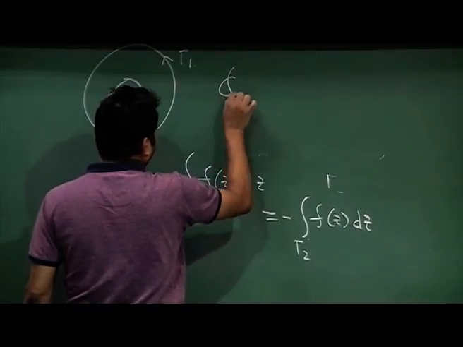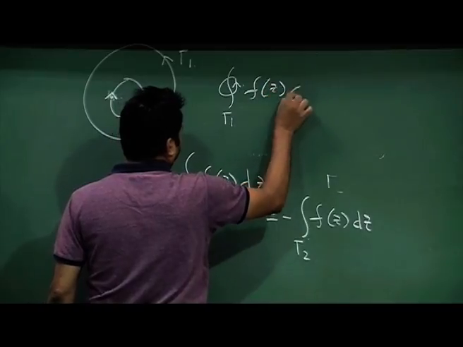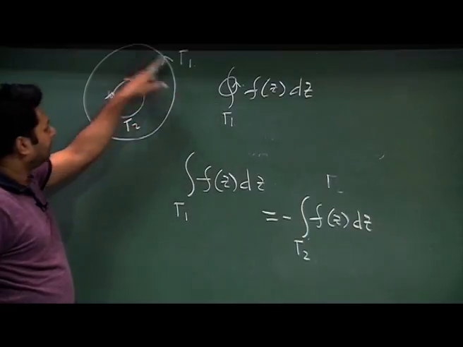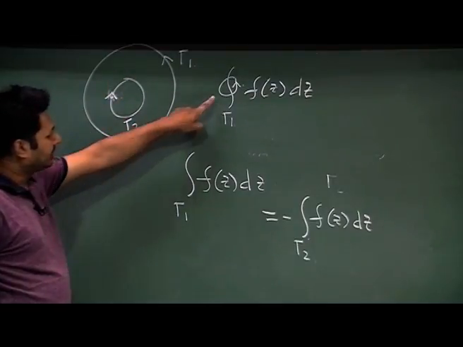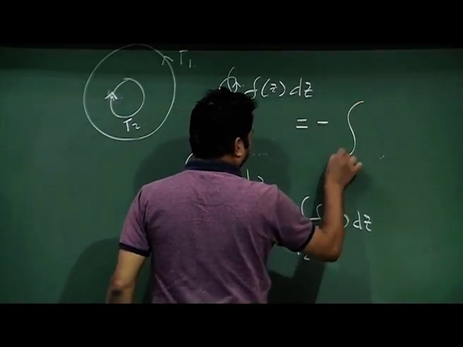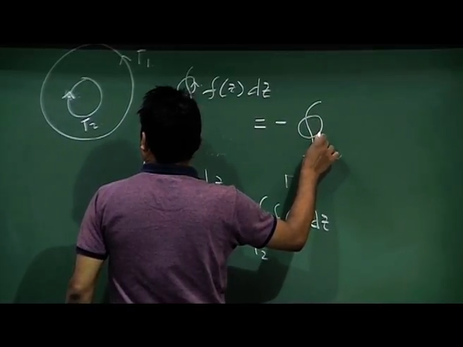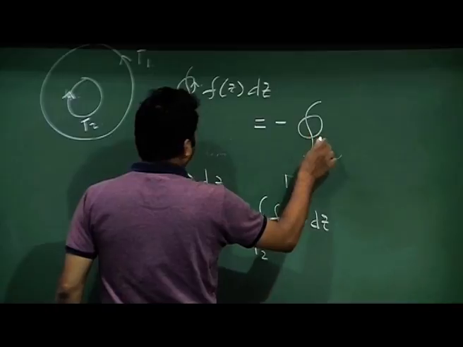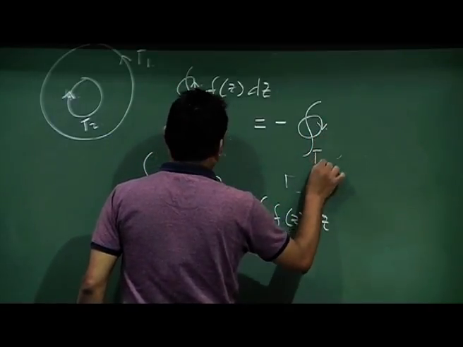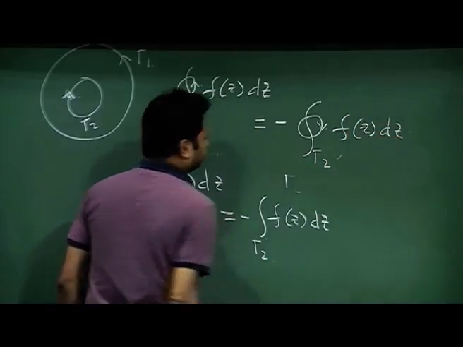So, the integration over gamma 1 of f(z) dz, now I put a sign here for this closed integral, because this closed integral now requires this direction, is equal to minus the integral over gamma 2 of f(z) dz, right.